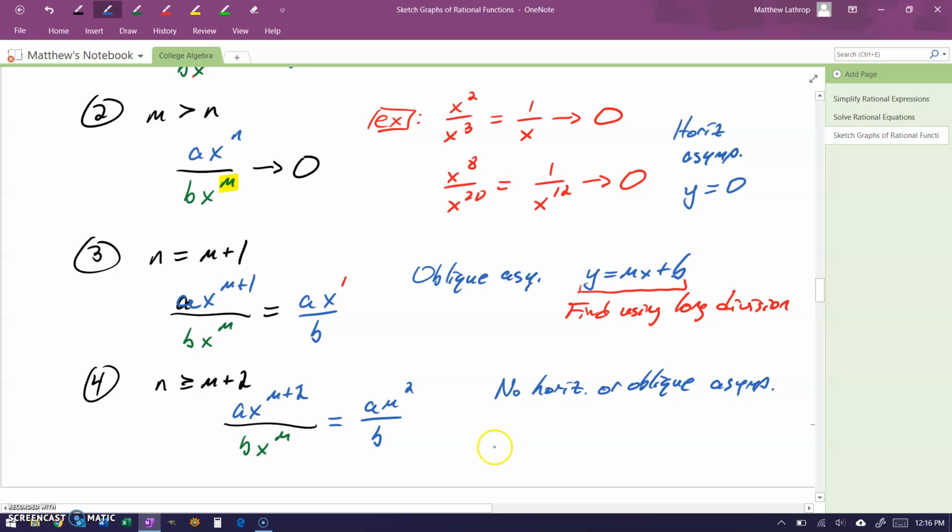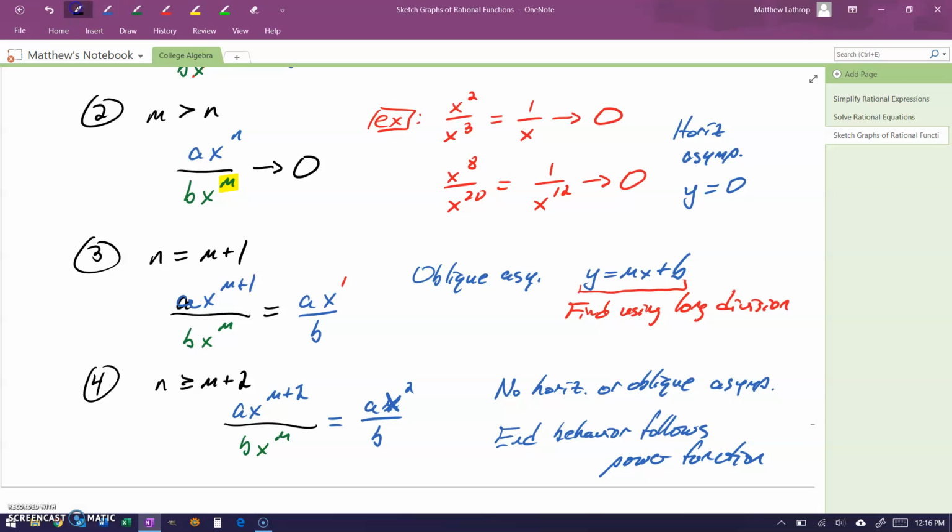Instead, what we'll have is end behavior determined by that power function left over. So if we had something with x squared, then we would have end behavior pointing up at both extremes. So the difference here is we're looking for, in case 3, x raised to the first power, and in case 4, x raised to any power larger than 1.